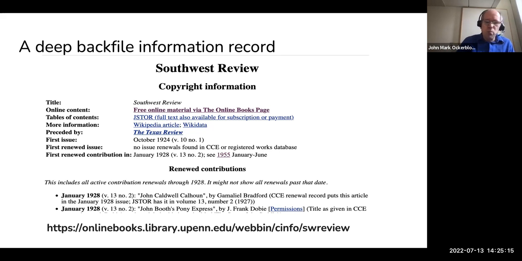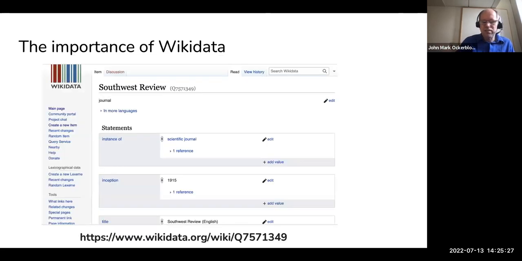As linked open data, it can be repurposed for any number of uses, including copyright research and other things as well. We've linked it to Wikidata, and Wikidata is an increasingly important hub for information of all sorts about publications, both serials and journals, and also individual articles or stories or scientific research or what have you.